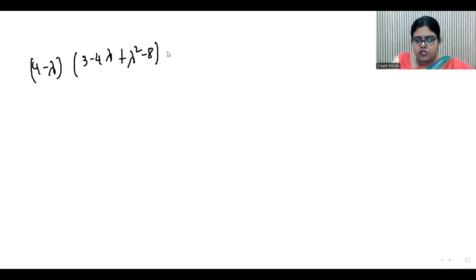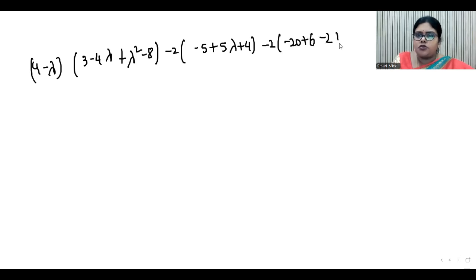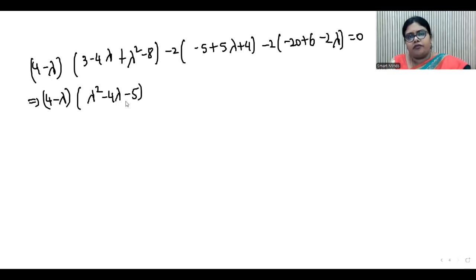Now, 4 minus lambda into, if you multiply those two brackets inside, you will get 3 minus 4 lambda plus lambda square minus 8. Now minus 2 into minus 5 plus 5 lambda plus 4. Minus 2 into minus 20 plus 6 minus 2 lambda equals to 0. Now here 4 minus lambda into lambda square minus 4 lambda minus 5.